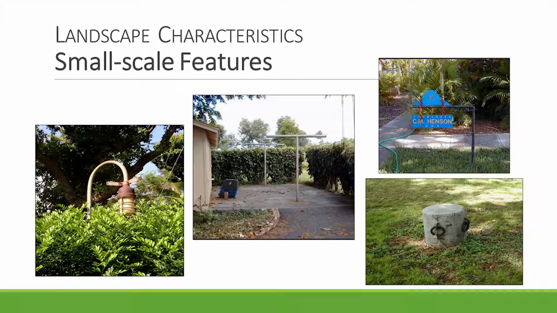And then the small scale features are those elements that provide detail and diversity, and they combine function with aesthetics. So they include things like lighting, this caged light, the clothesline poles. Not everybody wants to keep those, but they have a unique character, and maybe there's some adaptive use that you could use them for.